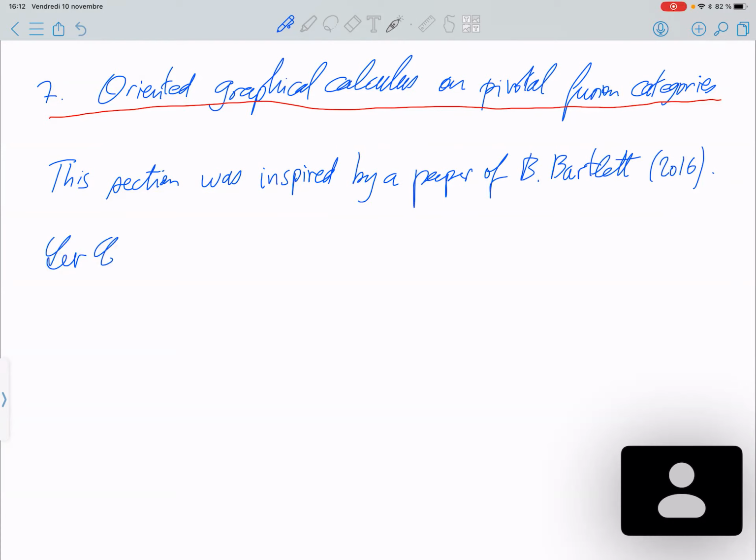So let C be a pivotal fusion category. Let A be the pivotal structure.